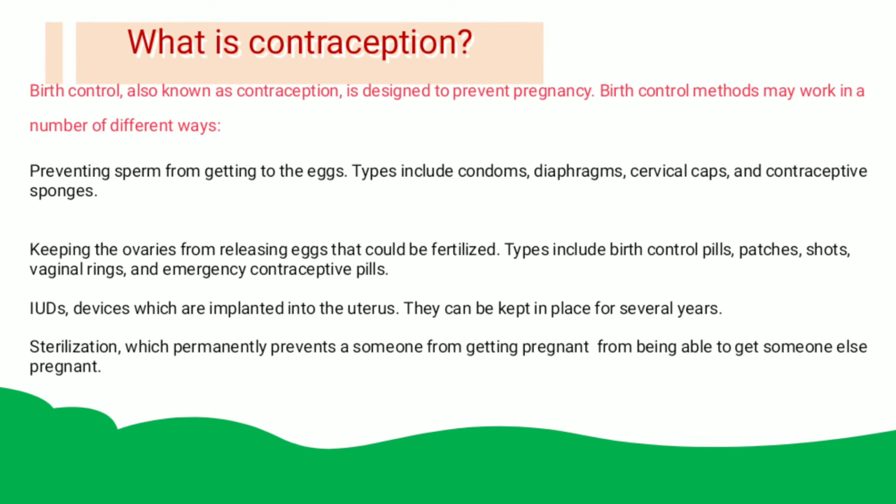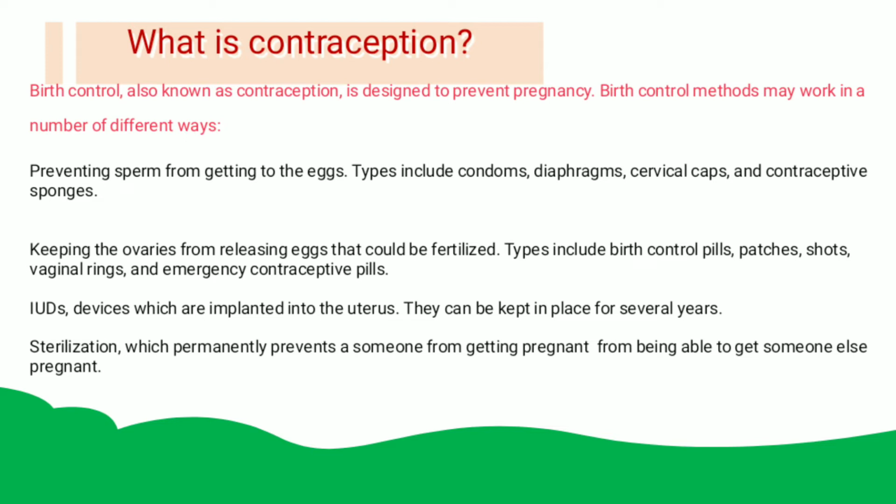So what is contraception? Contraception is also known as birth control. It is designed to prevent pregnancies. Birth control or contraception can work in many different ways.